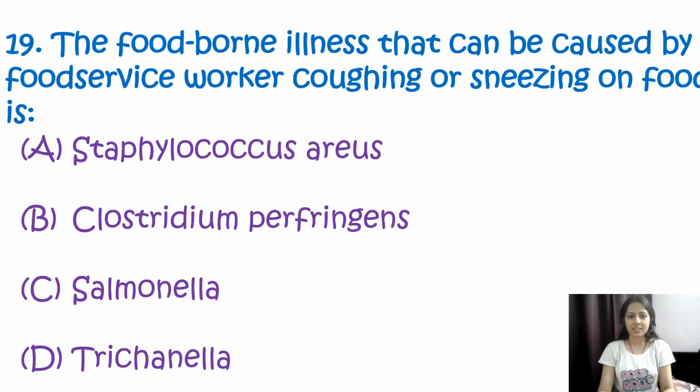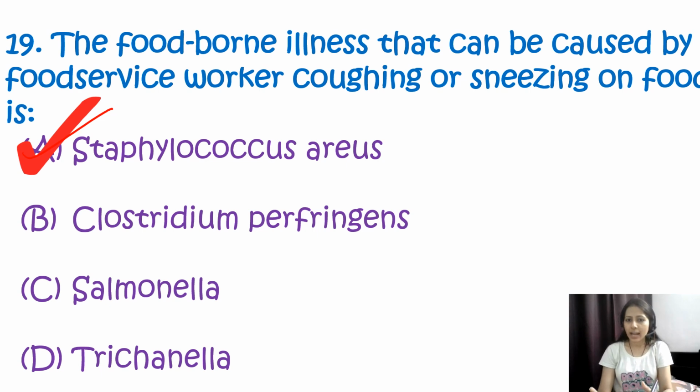Question number 19. The foodborne illness that can be caused by food service workers coughing or sneezing on food is, so the options are Staphylococcus aureus, Clostridium perfringens, Salmonella or Trichinella. So over here my correct option is A, that is Staphylococcus aureus. Now Staphylococcus aureus, we know, is a bacteria commonly found on the skin and nose of humans.